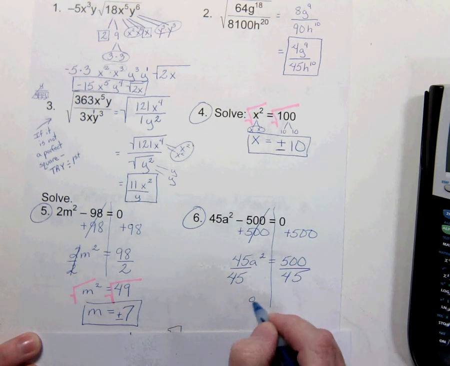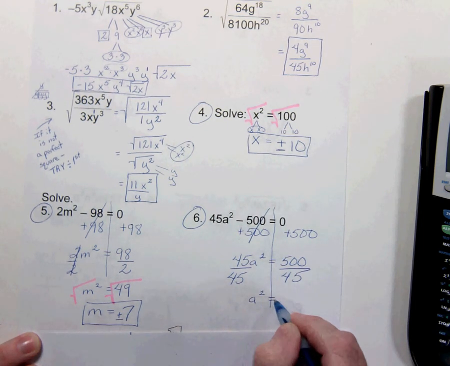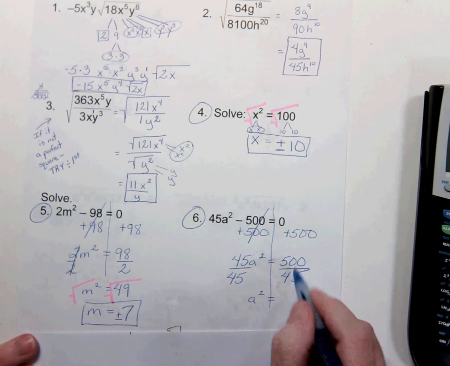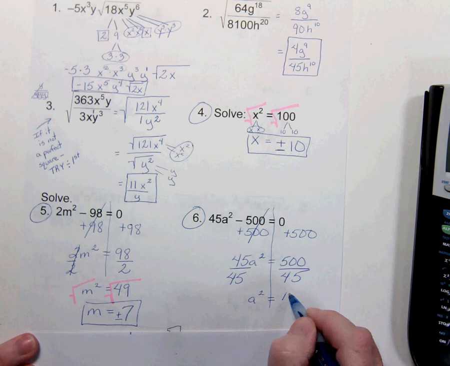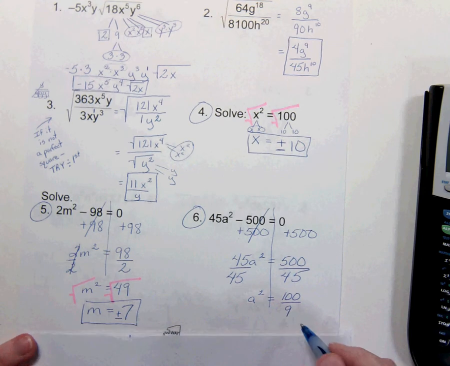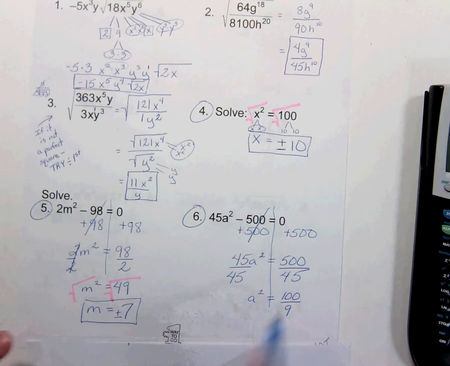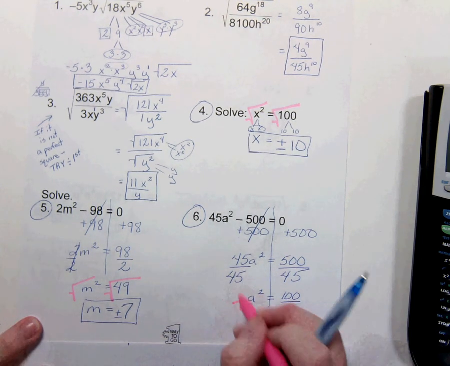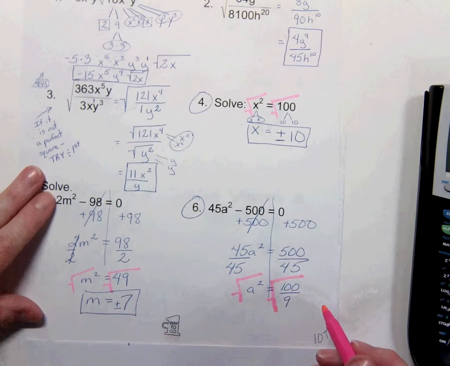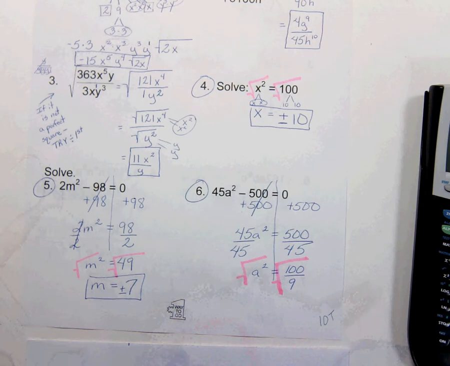So your a squared is now equal to, what is that? That actually is just a reduced fraction. If you put that in your calculator, you're going to get a decimal, and then change it back to a fraction, and you'll get 100 over 9. Well, guess what? If I take the square root of both of these, get in the habit of looking for perfect squares.